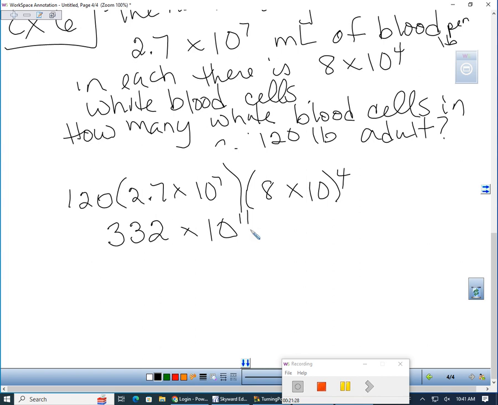Now look at that coefficient we have in front. Is that too big or too small? Way too big. So we have to move our decimal place 3 places, so we add 3 to our exponent. So I have 2.592 times 10 to the 14th.